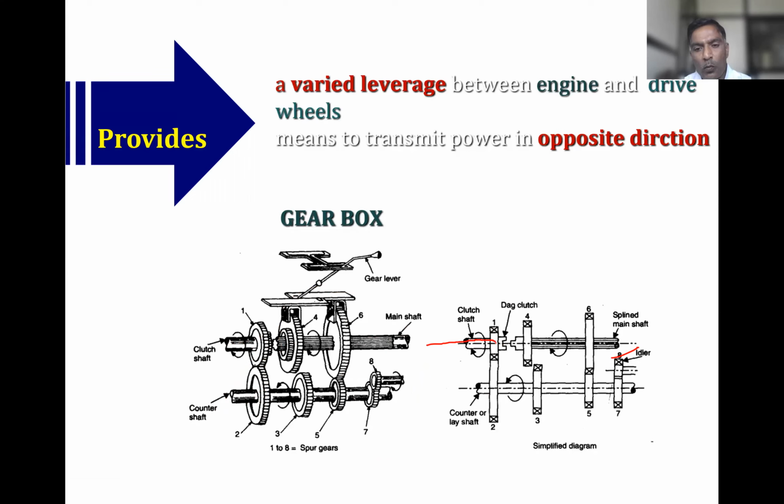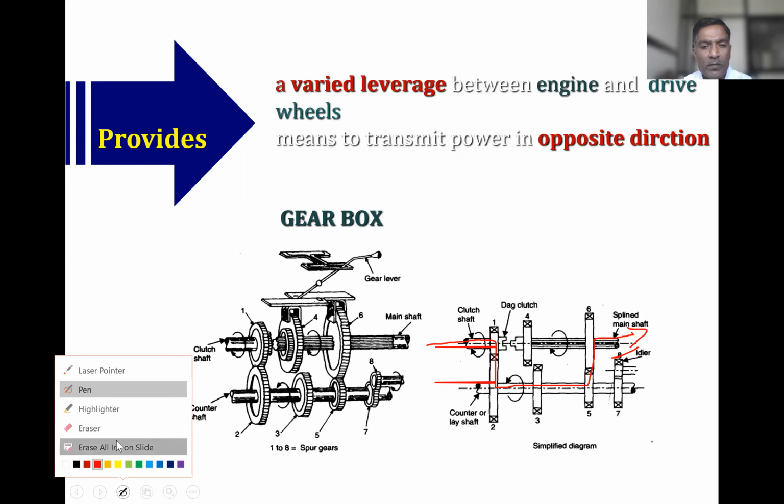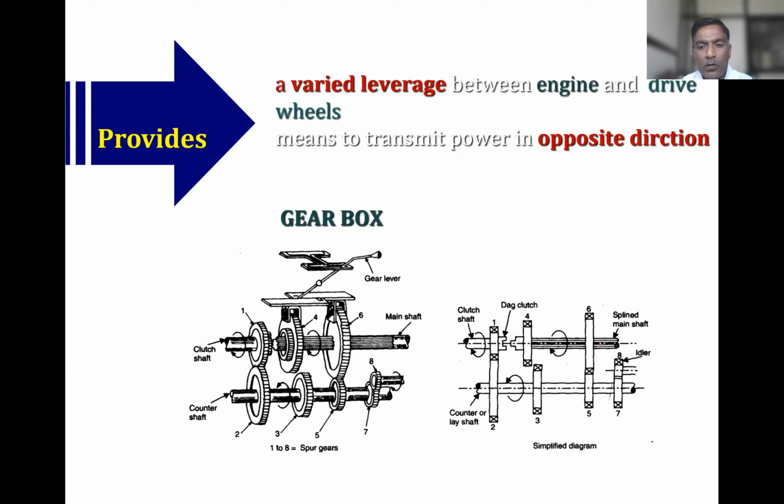When the clutch is in the engaged position, power is flowing in this way. Now you can see the various gears. This will have a particular torque.